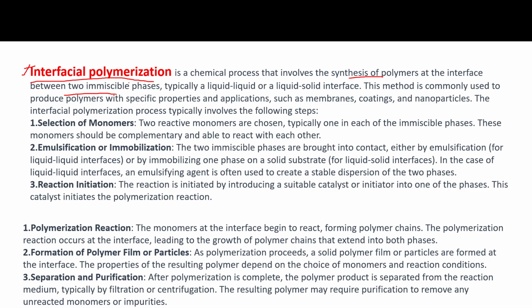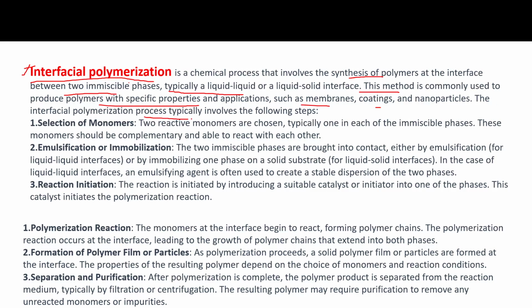Here we take two solvents which are immiscible with each other, so there will be an interface, and we take two monomers, each soluble in a different solvent. These two monomers can only polymerize at the interface, and from the interface we can collect the polymer and get a higher molecular weight. Typically at a liquid-liquid or liquid-solid surface, this method is commonly used to produce polymers with specific properties and applications such as membrane coating and nanoparticles.